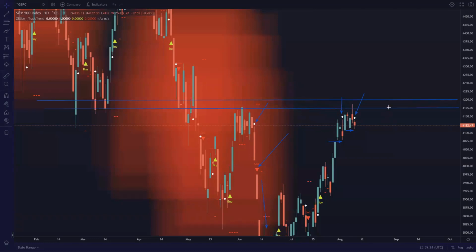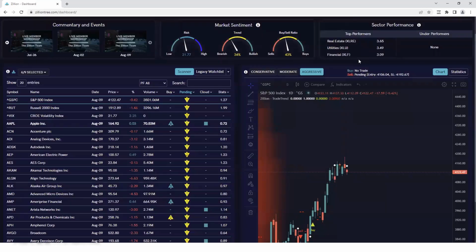So again, we want to look for these signals off of these key zones or levels. So not a recommendation or advice to take a short setup here or a short trade off the setup, but just kind of running through the process and what we're looking for. And again, why we start with our top-down analysis of the major indices. So again, this, of course, is the major index of the S&P.